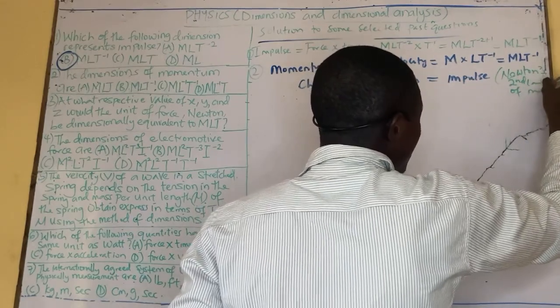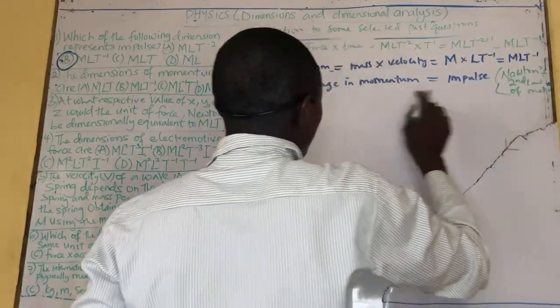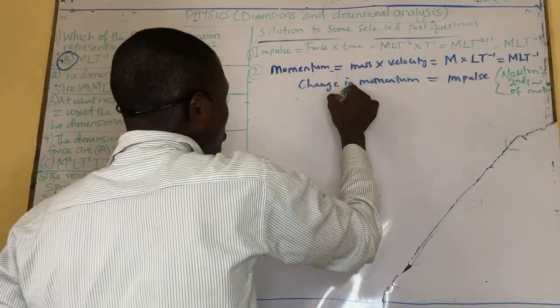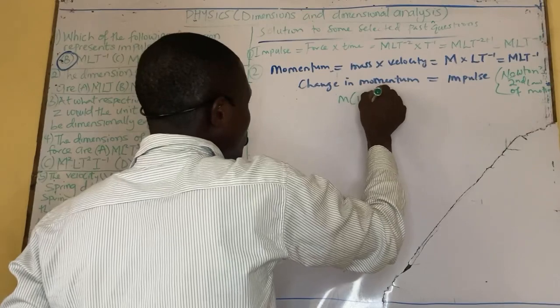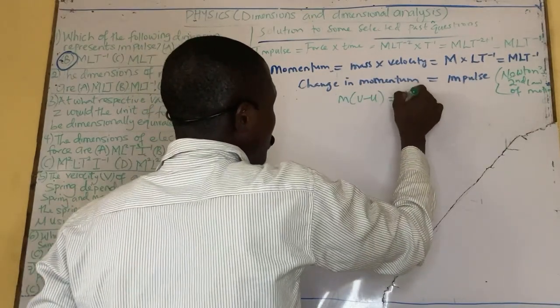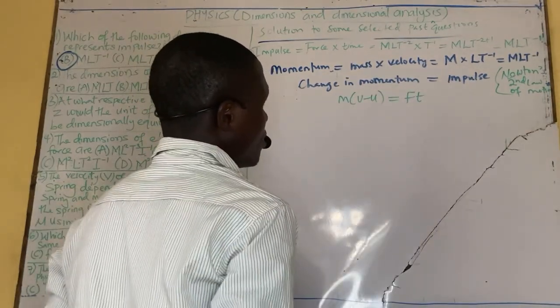How do I know that? According to Newton's second law of motion, F times the bracket V minus U equals Ft.